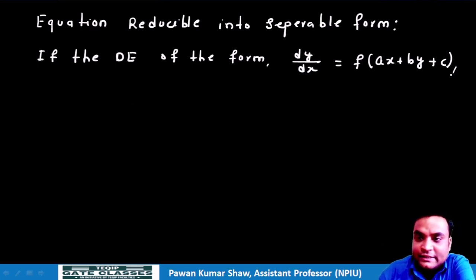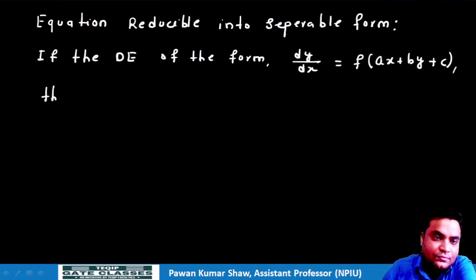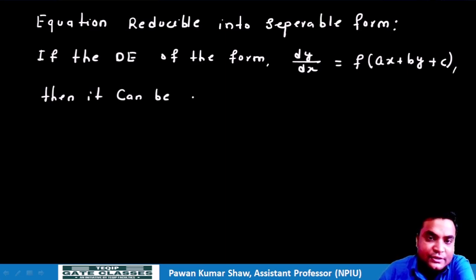So if it is given as a function of ax plus by plus c, that is some kind of linear equation in two variables, then it can be reducible into separable form.